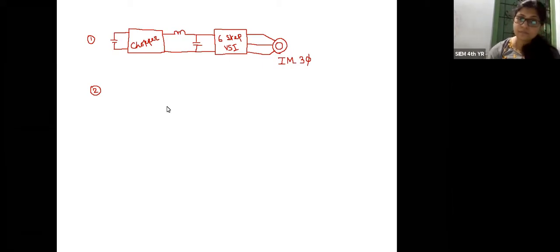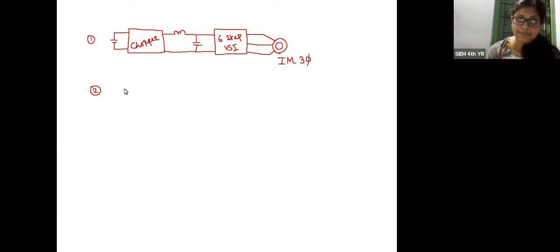Suppose we have a three-phase AC source. As we know, the input of the 6-step VSI inverter should be DC, so we want to change this AC voltage to DC voltage first.